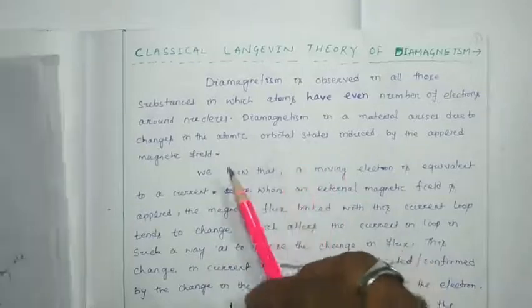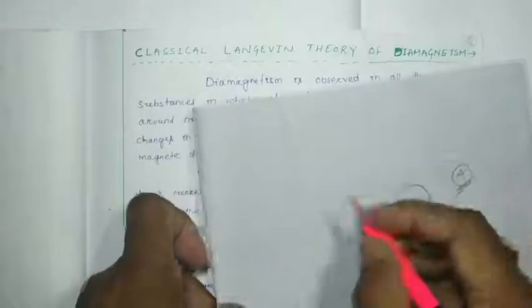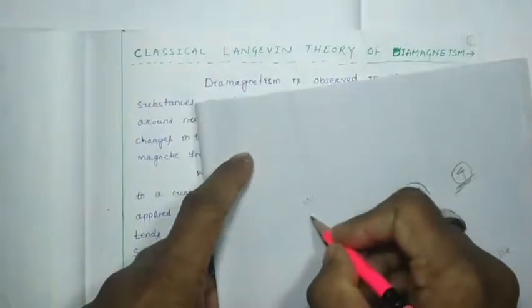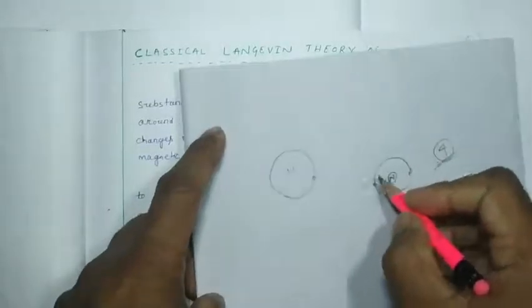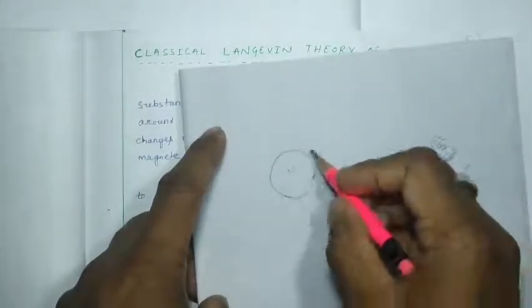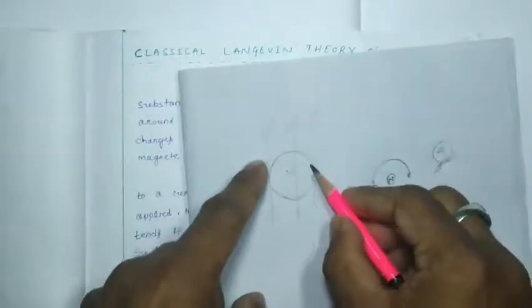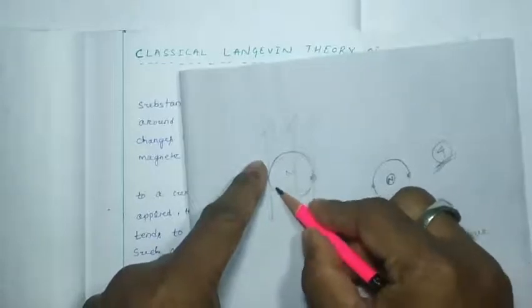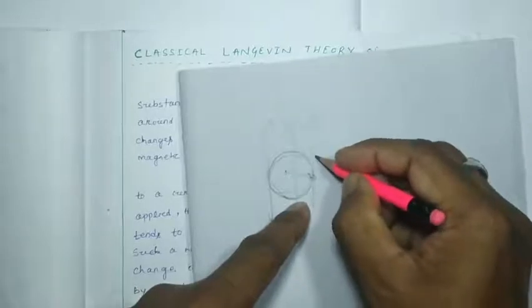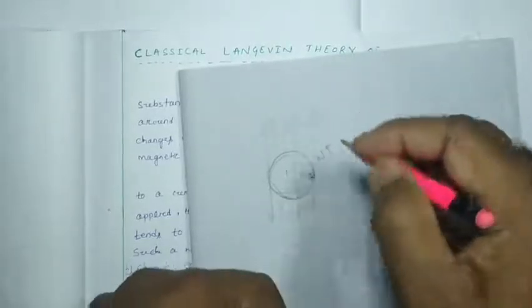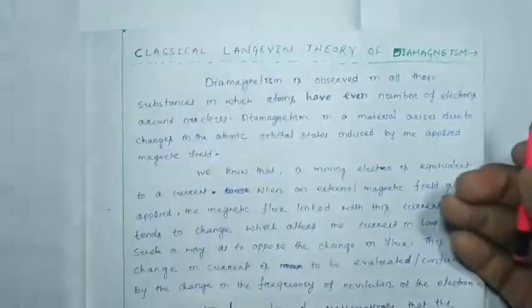Suppose this is the nucleus and one electron is revolving; among these two electrons, consider the first electron's orbit. Whenever we apply the magnetic field, its orbit's radius, or its angular velocity omega, will change somewhat. From that we can analyze the diamagnetism in the material.